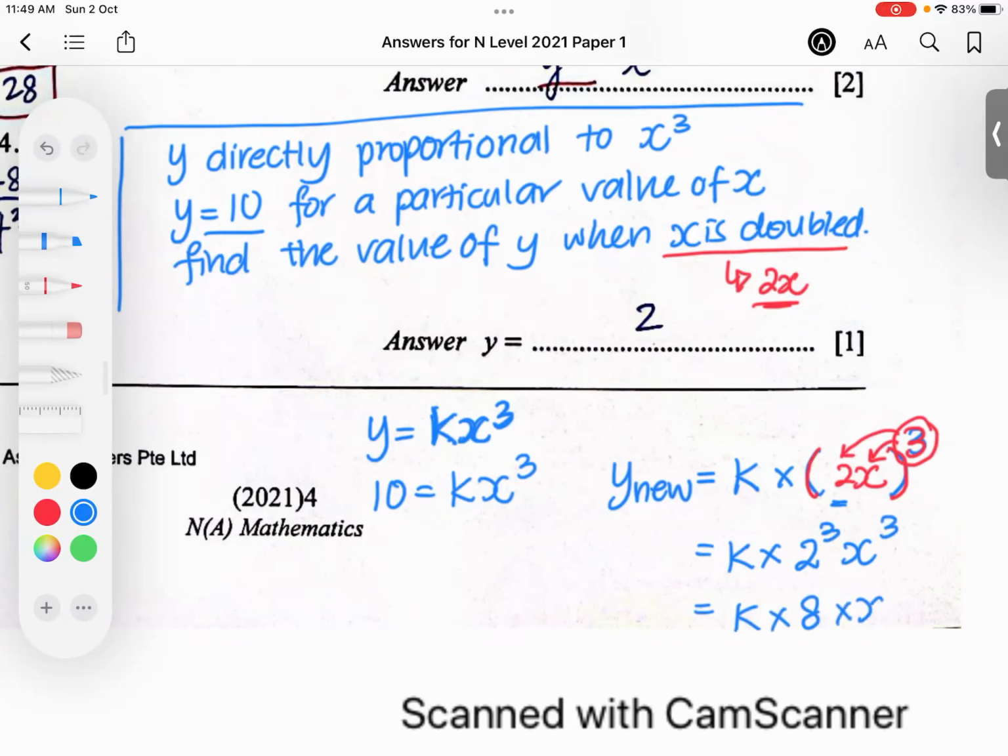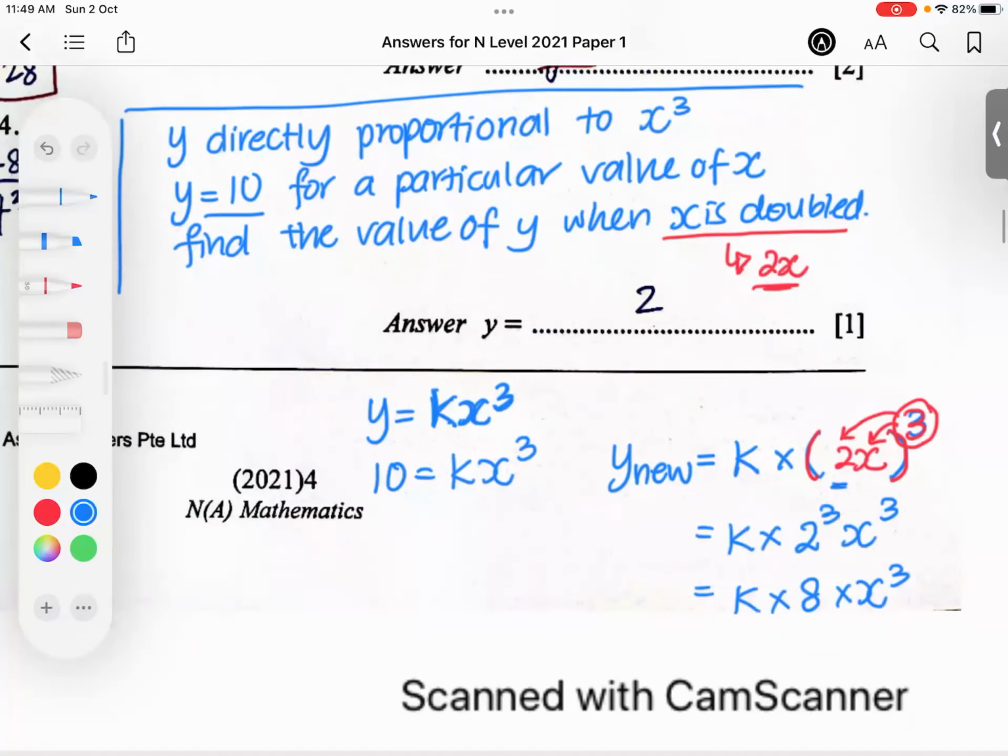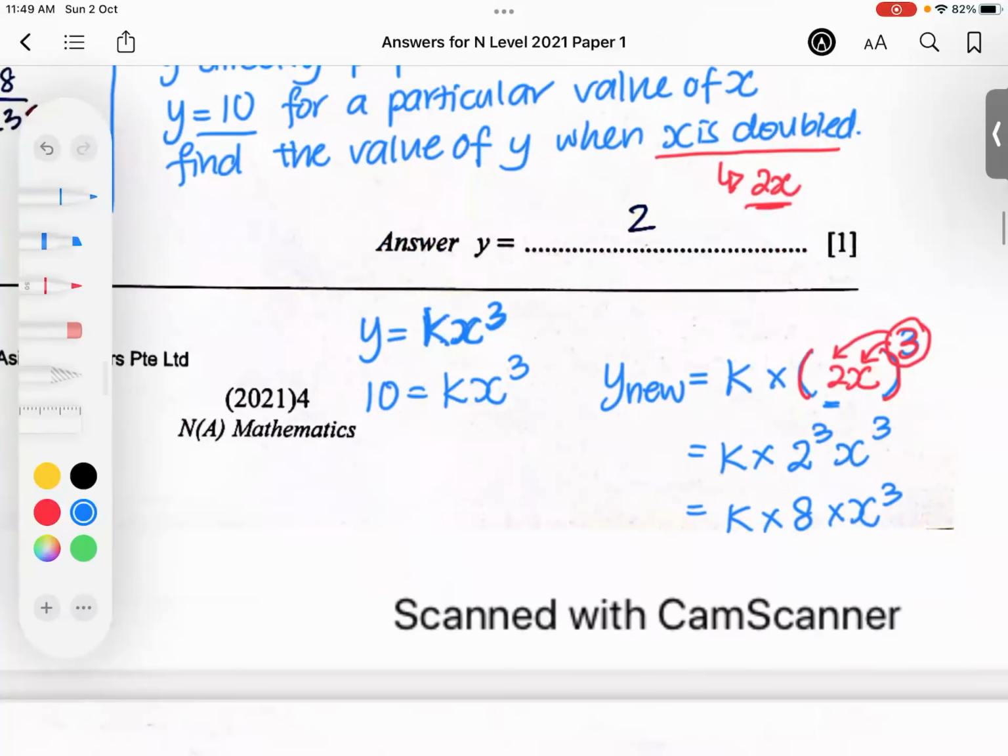Then x cubed over here. Why am I writing it separately in this way? Because you know that k multiplied by x cubed is equal to the number 10. This whole thing is equal to 10, times 8. And now the answer will be 80.